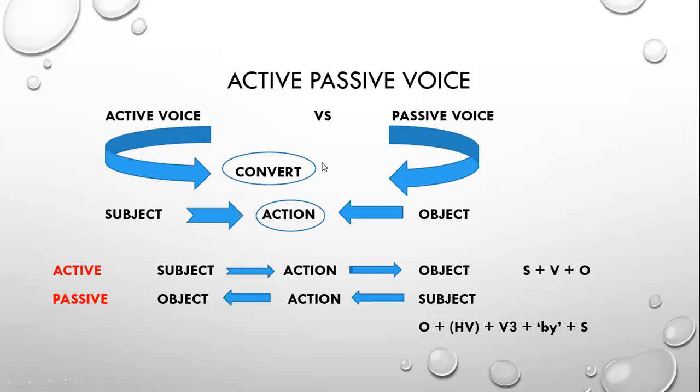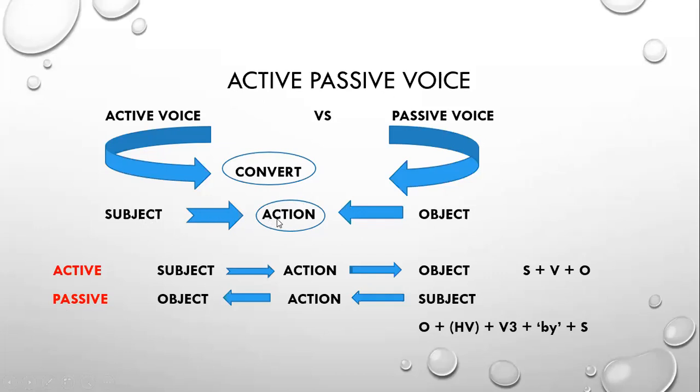Okay, so we can express our actions in two ways, one in active voice and another in passive voice, where the action is done either by the subject or it is done on the object.